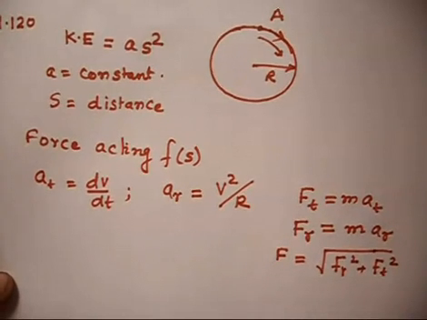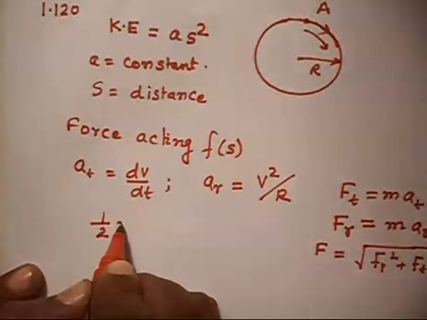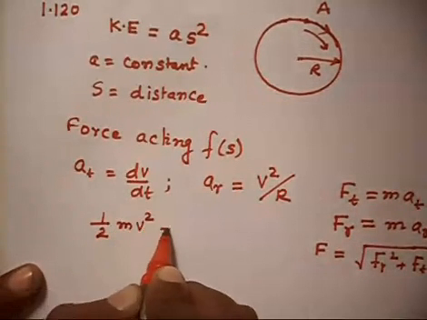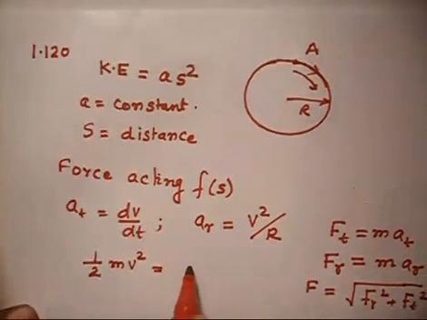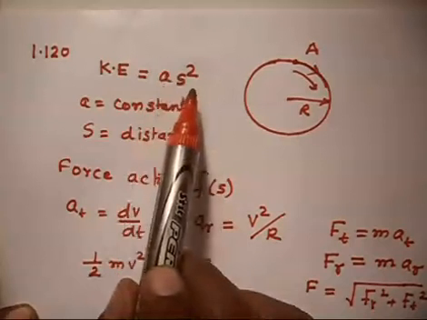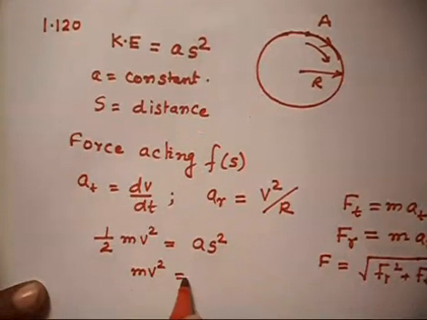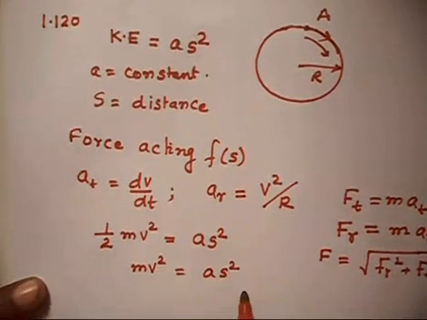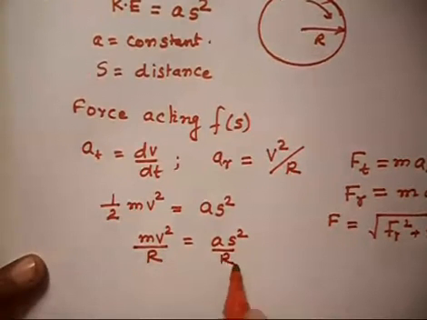Now we will work on the same background. Half mv square, that is the kinetic energy, is given in the question as varying with a s square. So mv square is nothing but 2 a s square, and mv square by r is 2 a s square by r.